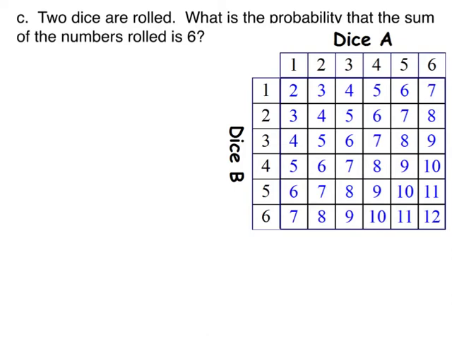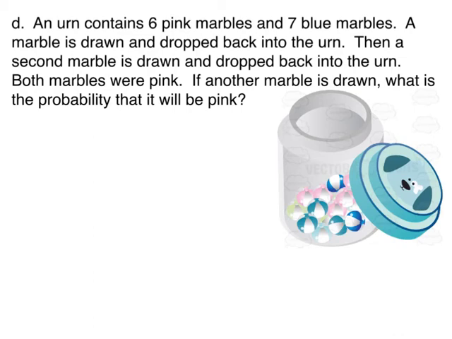So what is the probability that the sum of the numbers rolled is 6? Well, then what we need to do is find out how many 6s there are on this chart. 1, 2, 3, 4, 5. So we have a 5 in 36 chance that the sum is exactly 6. And that's how you're going to use that chart. Very handy to have, by the way.